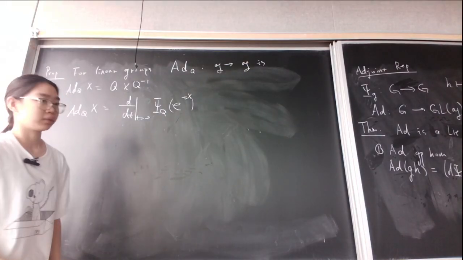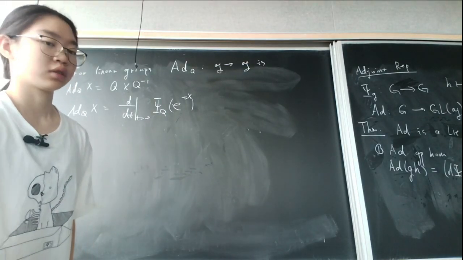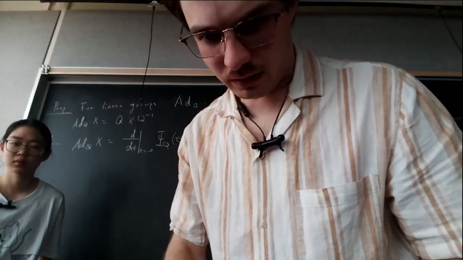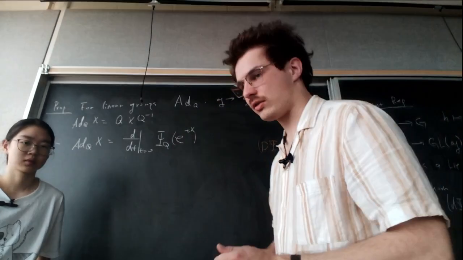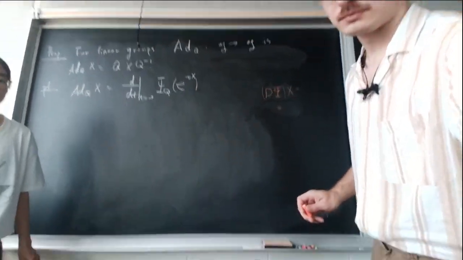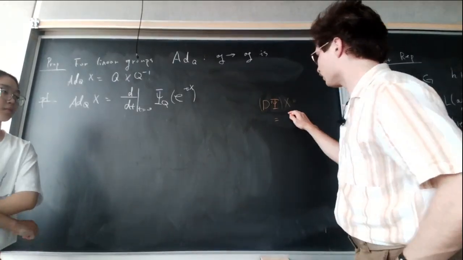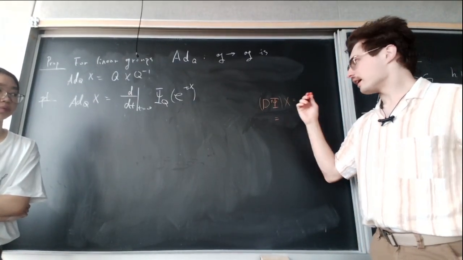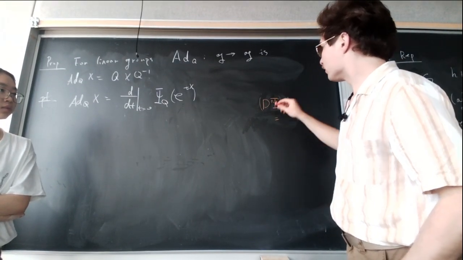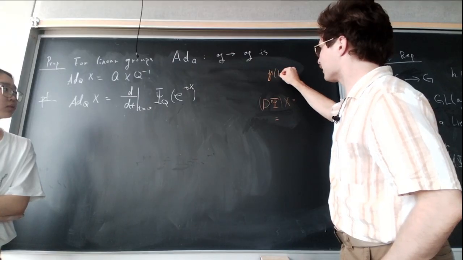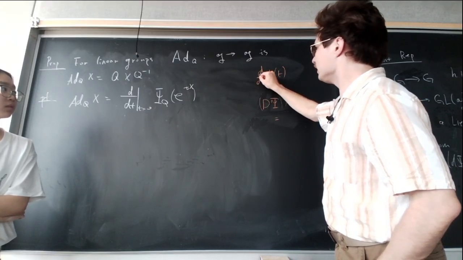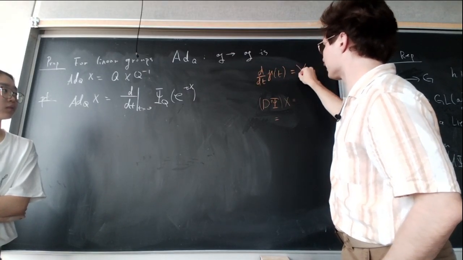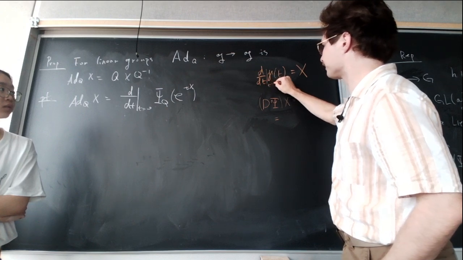So you have the conjugation map H gets sent to GHG inverse. If you want to compute this derivative, what you could do is find the path gamma of t such that d dt of that path is x at t equals 0.